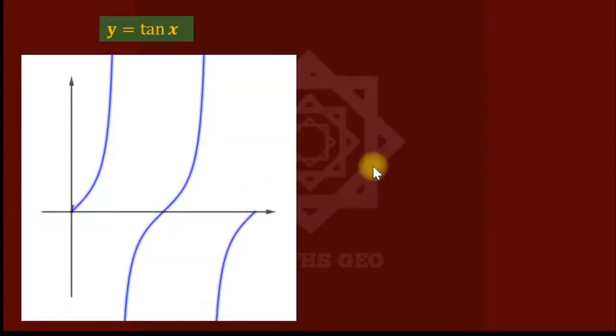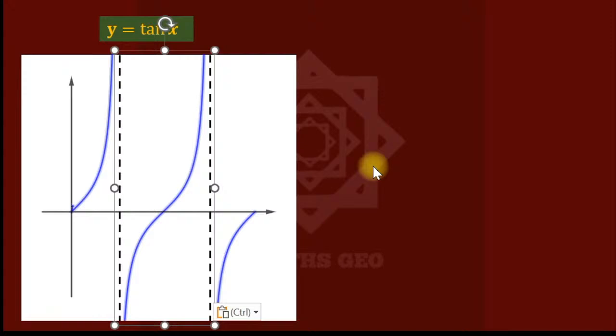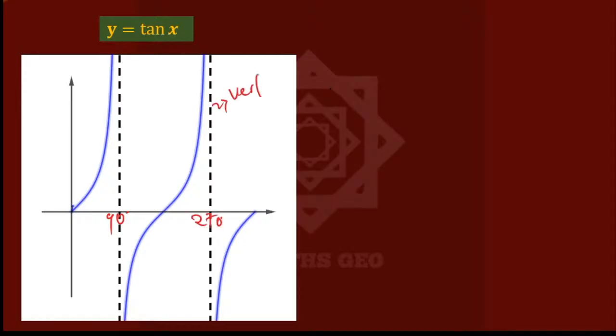It's not defined, so there will be a gap there. So there will be a vertical asymptote at 90 degrees and at 270. We call these vertical asymptotes.